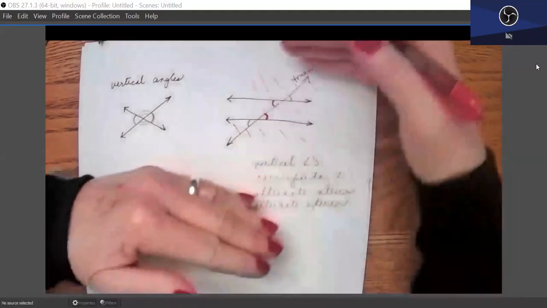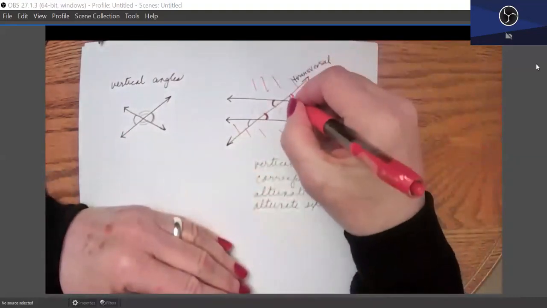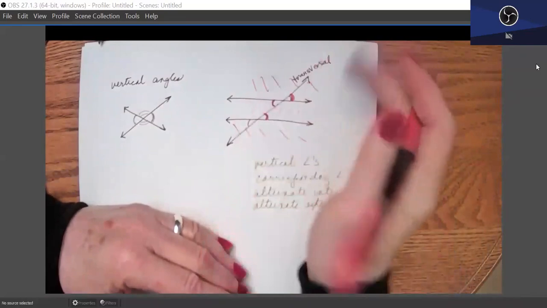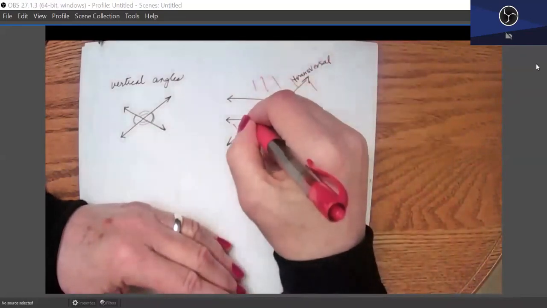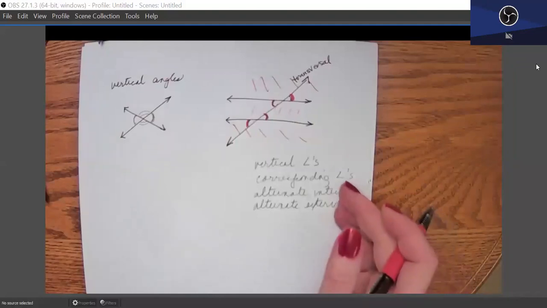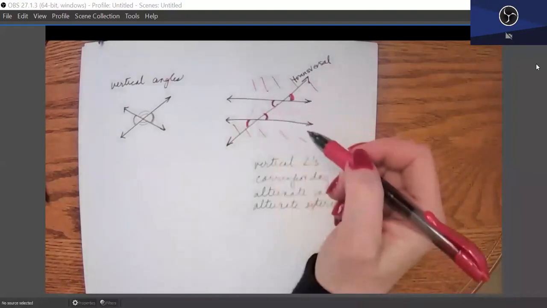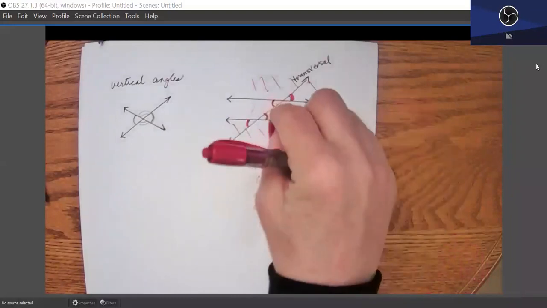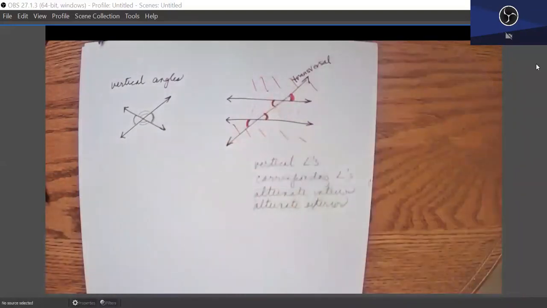So outside the parallel lines, this angle is on the right of the transversal, and this angle is on the left of the transversal. So those are also the same measure. Okay, so corresponding, alternate interior, alternate exterior, vertical angles all have the same measure.